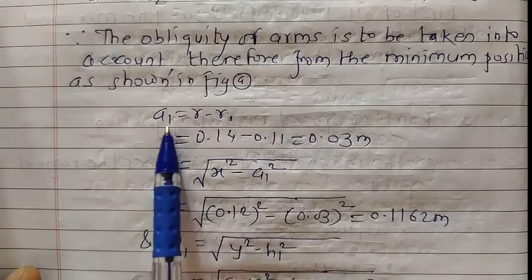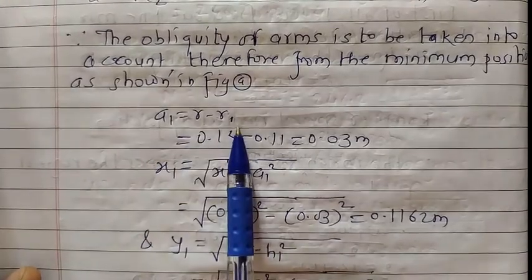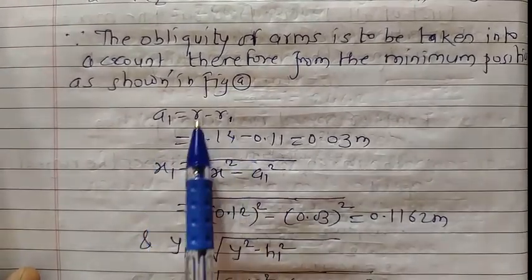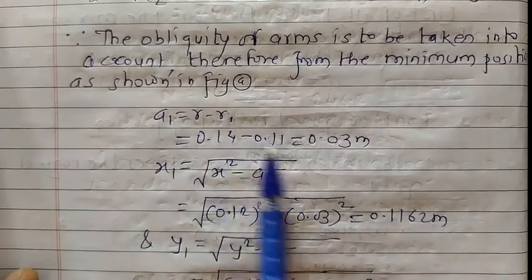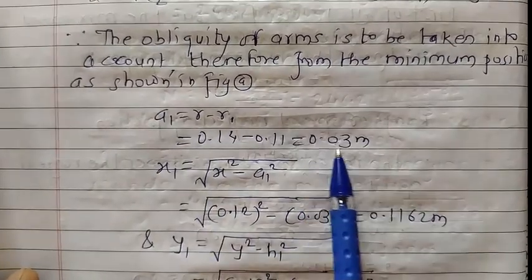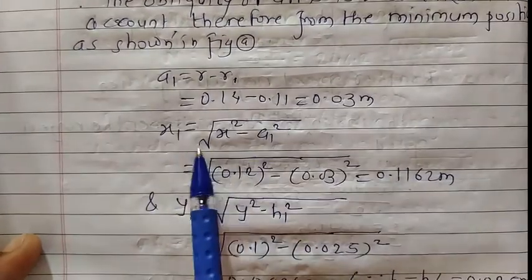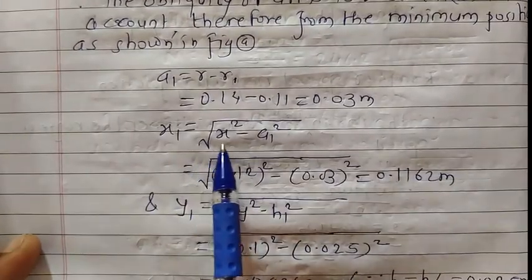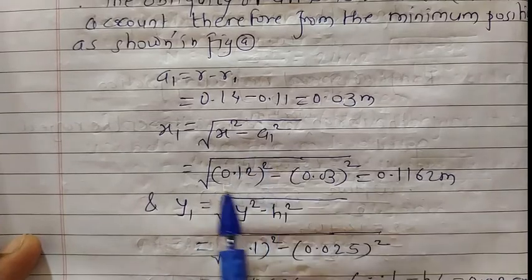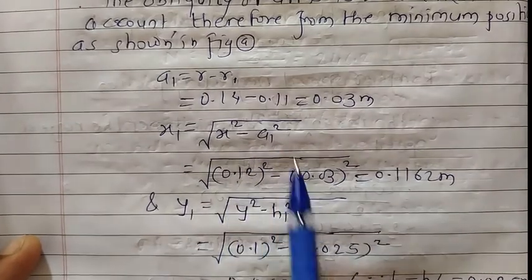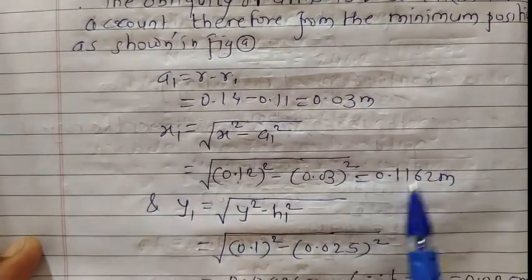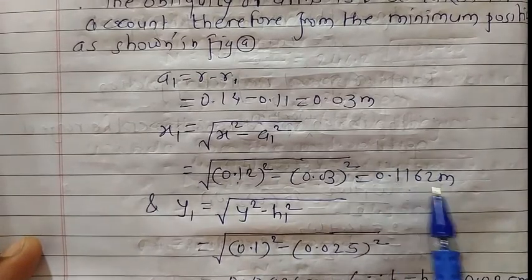Here we can get A1 equals R minus R1. After putting the values of R and R1, we get A1 equals 0.03 meter. Similarly, X1 from the triangle is the square root of X square minus A1 square. Substitute the values of X and A1 and get X1 as 0.1162 meter.